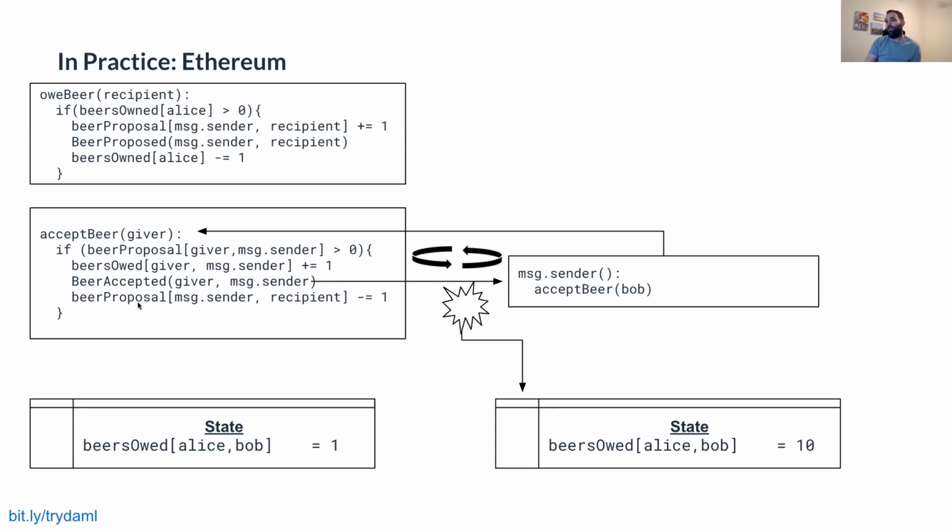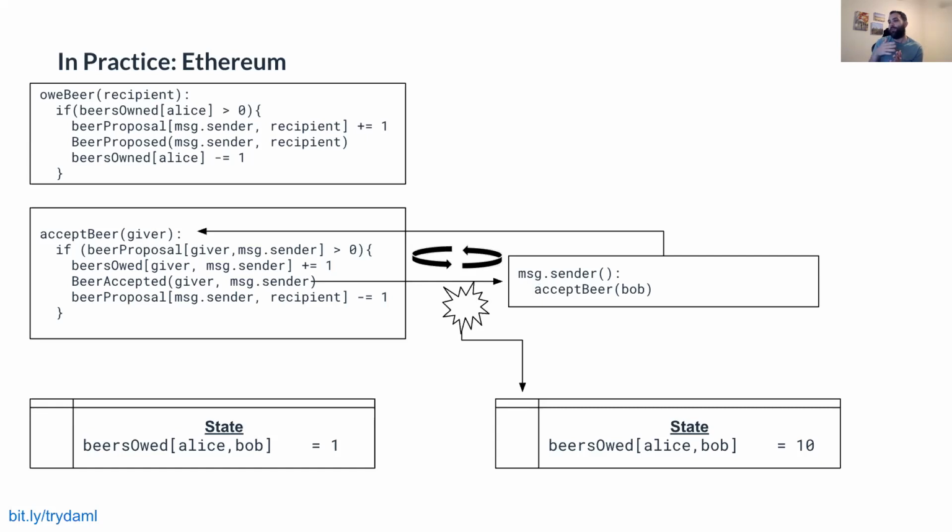And we are still trying to decrement the beer proposal, but we can't. And so Bob goes, accepts the beer, accepts the beer, accepts the beer 10 times until it explodes. And we end up hitting the limit of the total amount of beers that Alice actually owns.